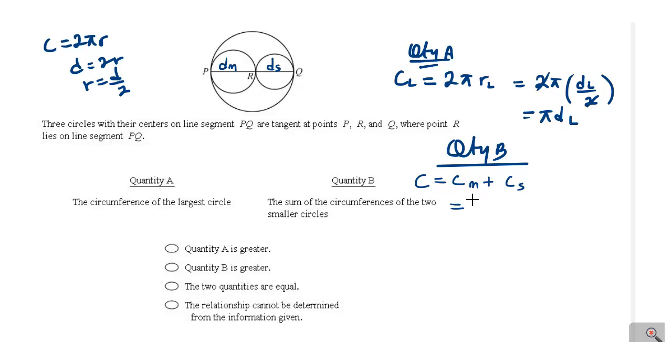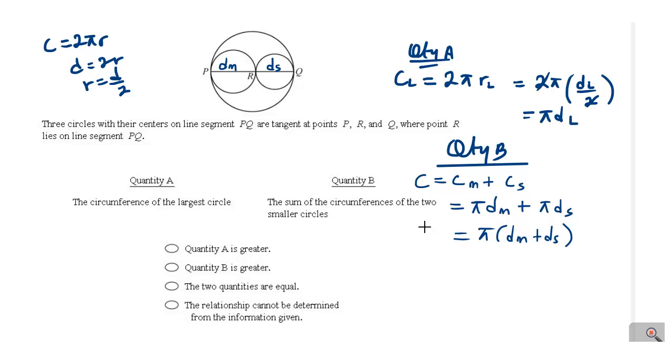The circumference of the medium circle, written with respect to diameter, is pi D_M, plus pi D_S for the small circle. If you factor out the pi, we have pi times the diameter of the medium circle plus the diameter of the small circle.